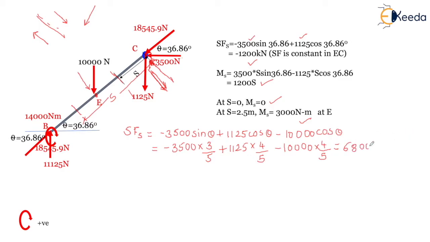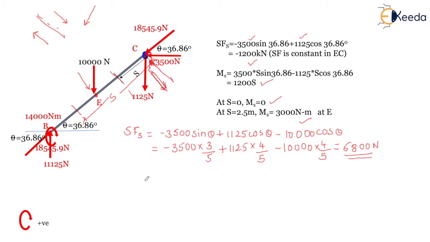Okay, remember this value 6800 newton. So this answer we get for this particular region. So our shear force in this region is 6800. Okay, so this is shear force 6800, it is constant here, and at this region we get shear force as 3000, which is a constant.